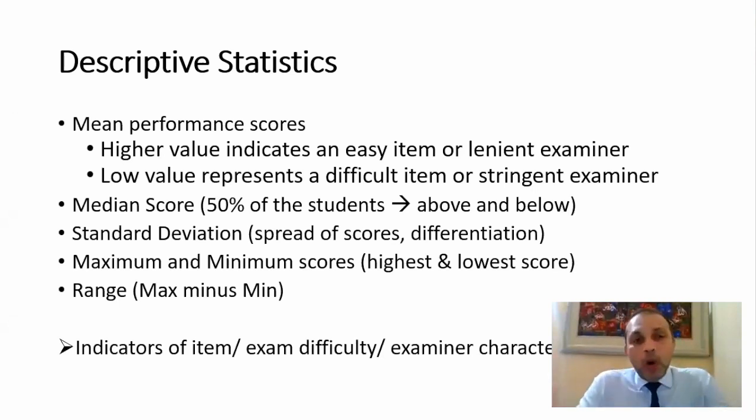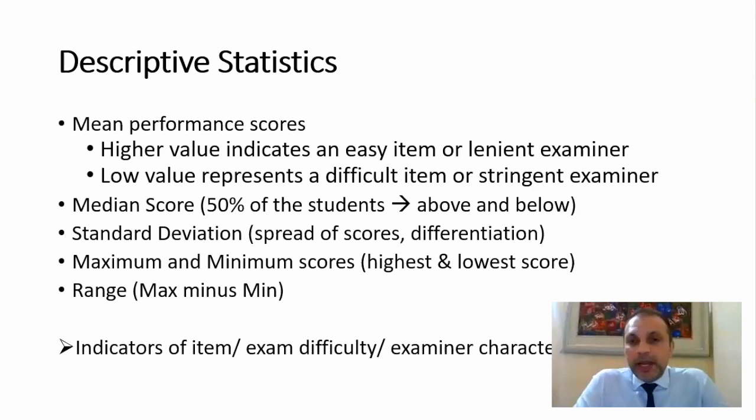A low mean value, either on a question or on a subtest or a station or on an exam, will represent a difficult question, a difficult exam, or a stringent examiner, or poor teaching and learning by the students.